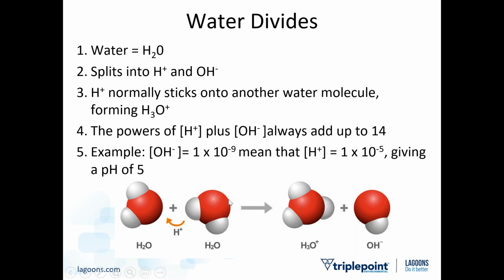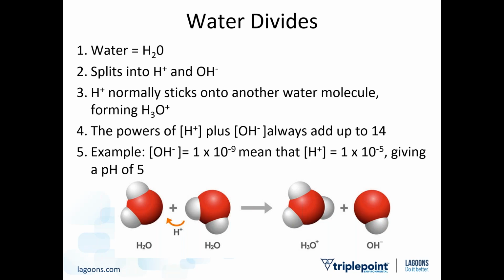That's what we've got a visual of at the bottom here: you still have a positively charged and a negatively charged ion, H3O+ and OH-. The H3O+ ion is called hydronium, but I'm going to basically just refer to it as H+, hydrogen, for ease in this presentation.